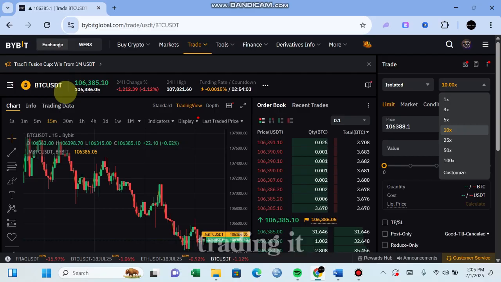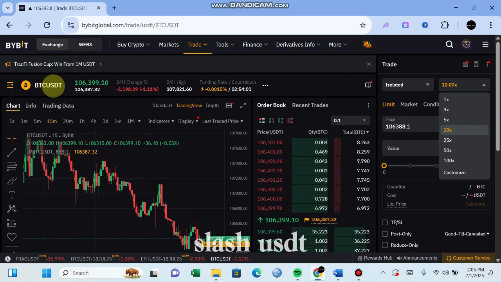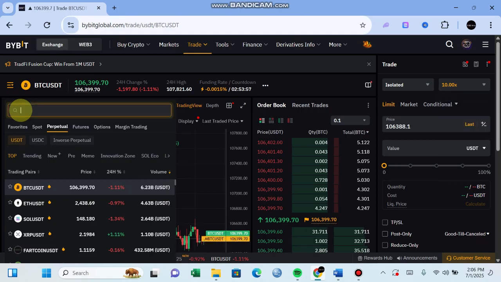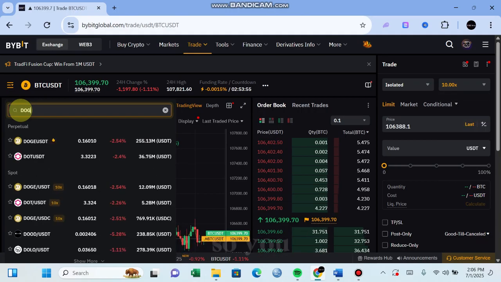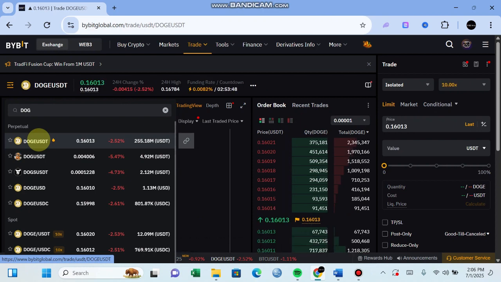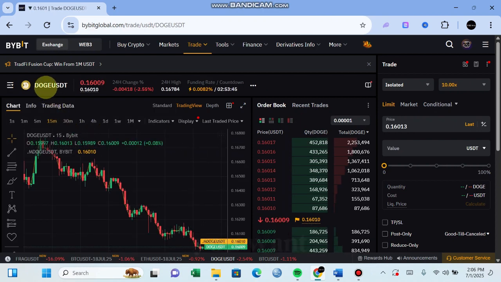For futures trading, it is BTC USDT, there's no slash. If you want to select any other coin, let's say Dogecoin, for example, you can see DOGEUSDT, there's no slash, but in spot trading, you will see a slash separating the first coin you are going to trade against the USDT.